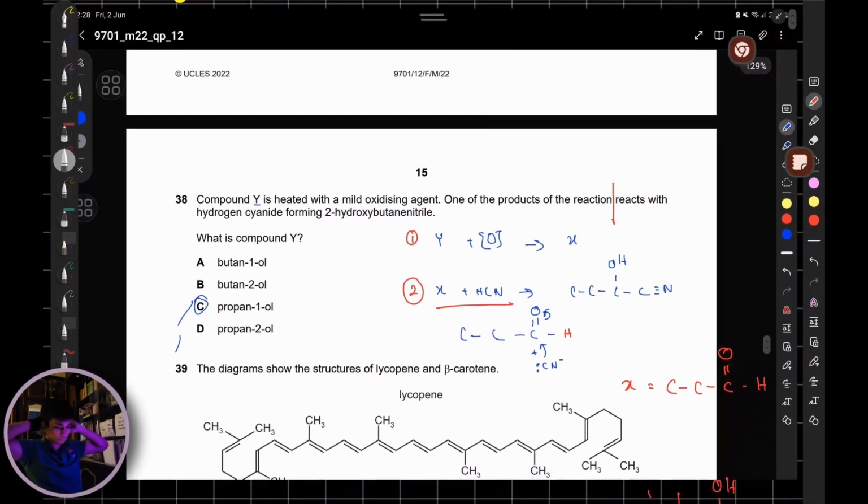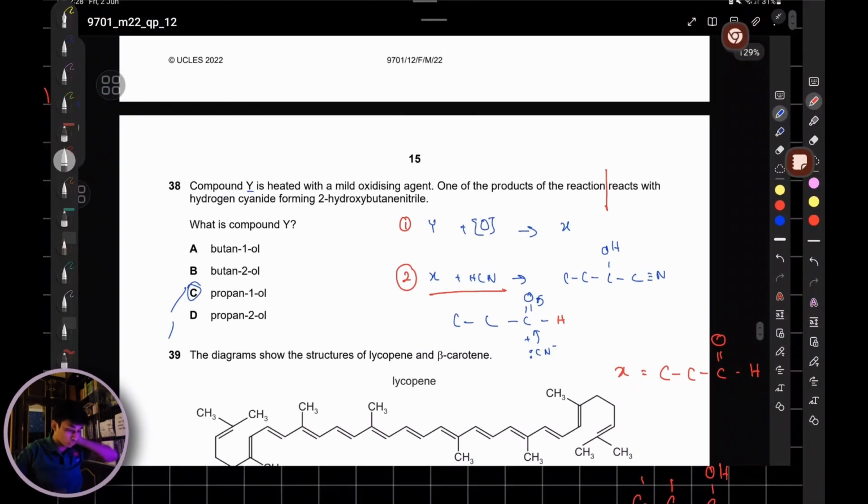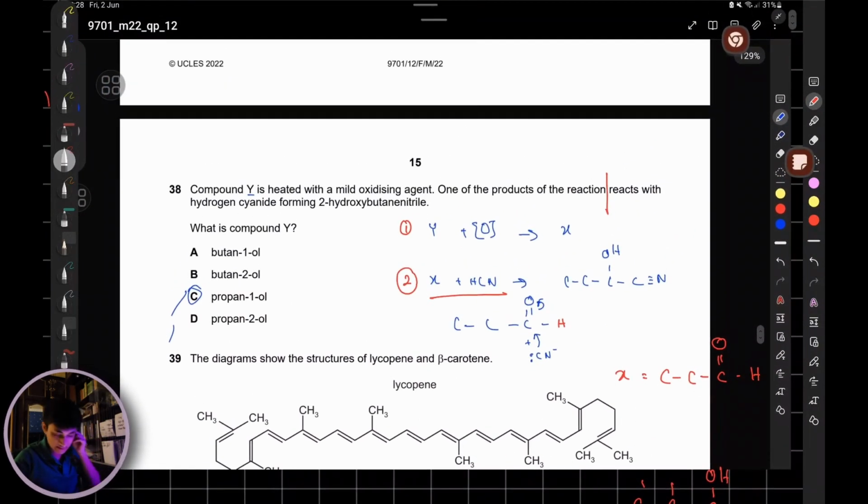Variant 2. So the first question is, compound Y is heated with a mild oxidizing agent. One of the products of this reaction, meaning after you have oxidized Y, you get a product. Now, this product of the reaction reacts with hydrogen cyanide, forming 2-hydroxybutene-nitrile.